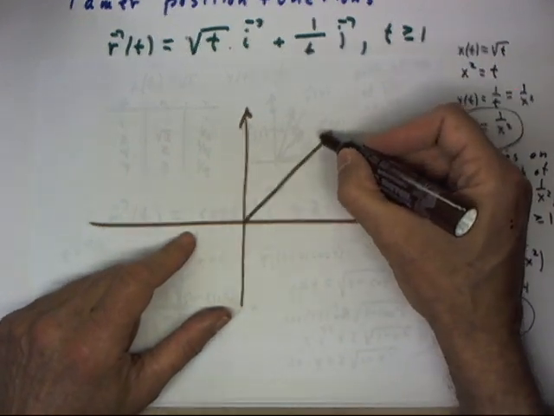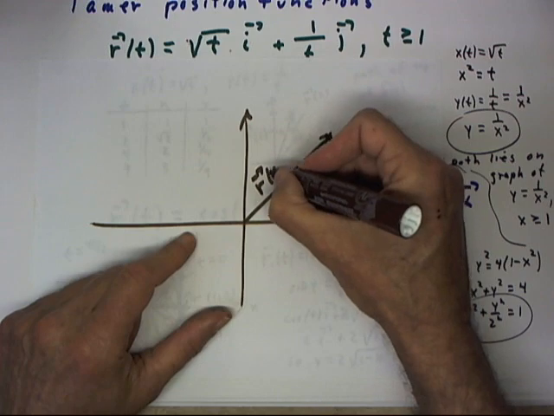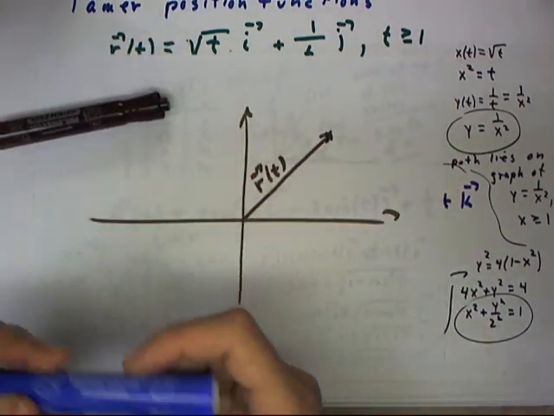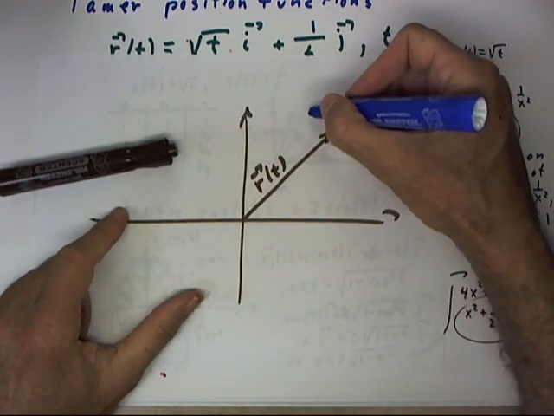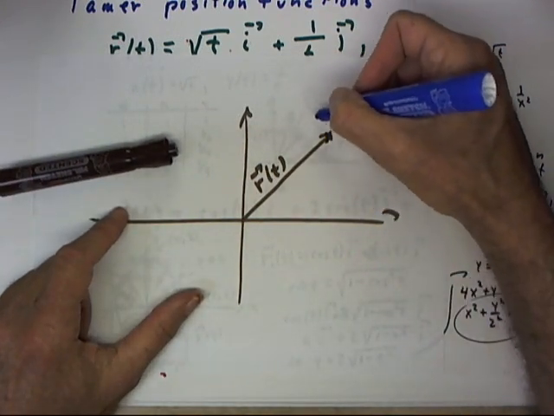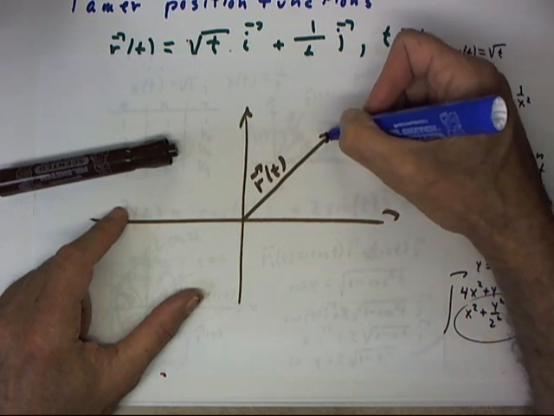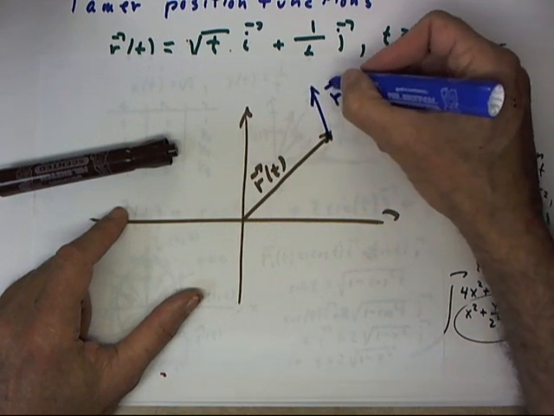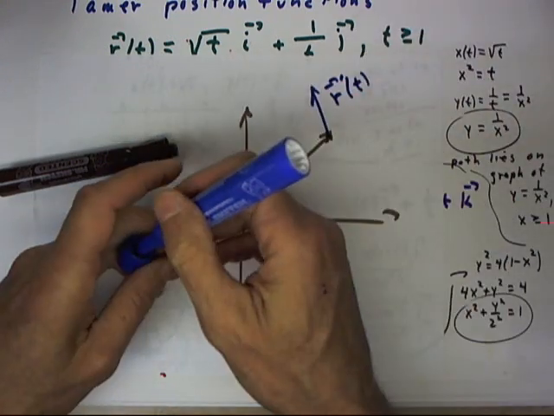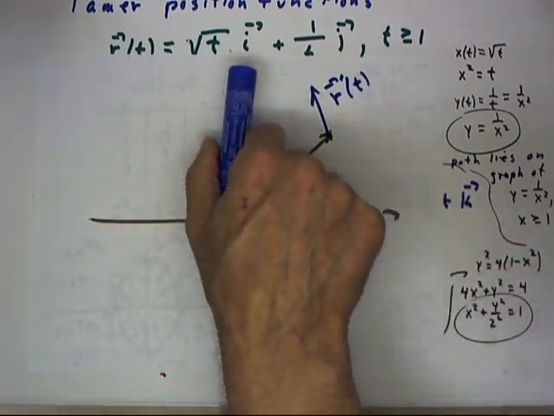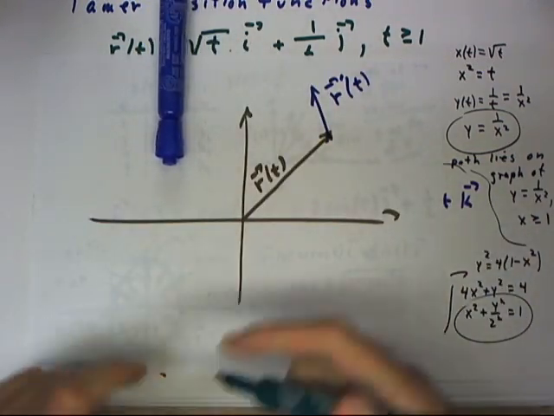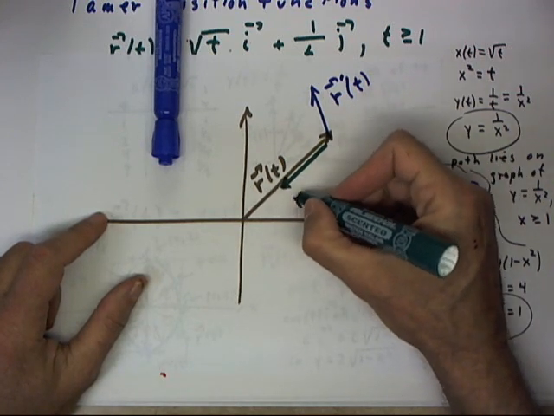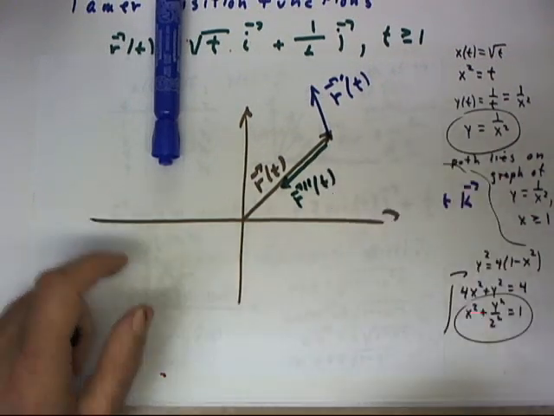We're going to have our r of t vector, and using a different color here, we're going to have our r prime of t vector. Now this is an ellipse, so r prime of t will not in general be perpendicular to r of t. And our vector r double prime of t, which for this particular motion is back toward the origin.